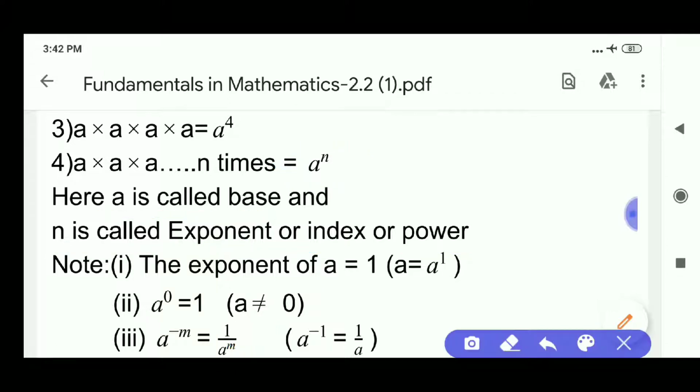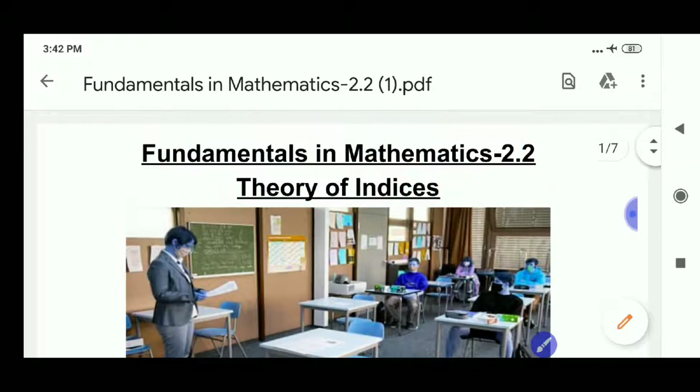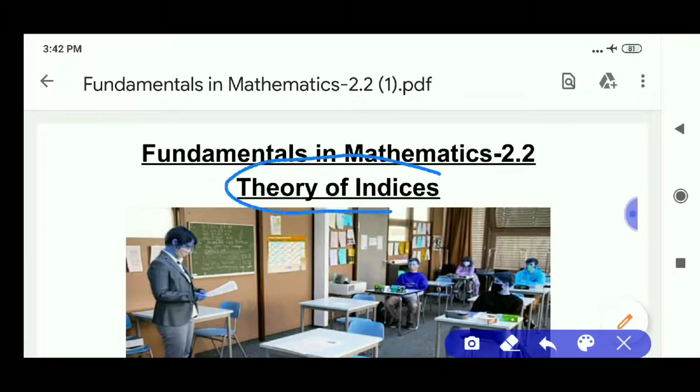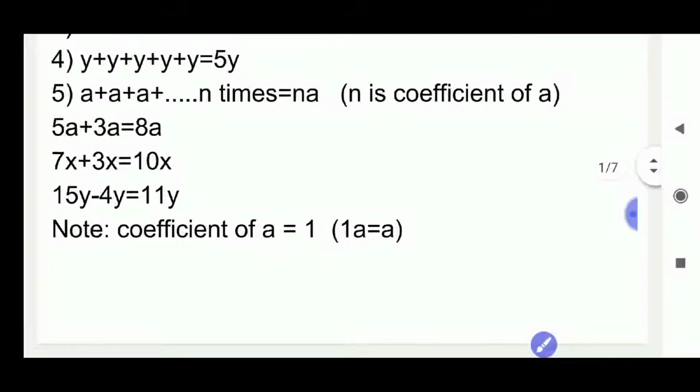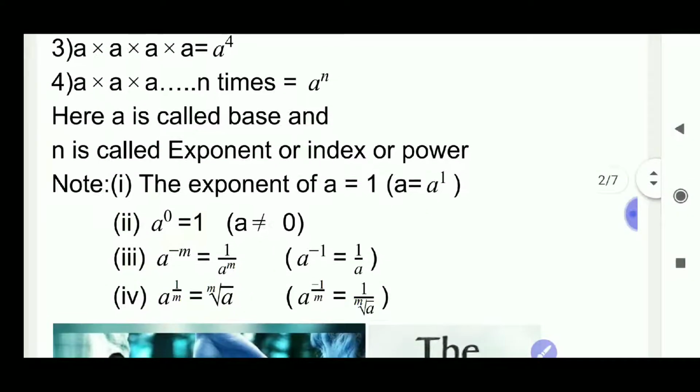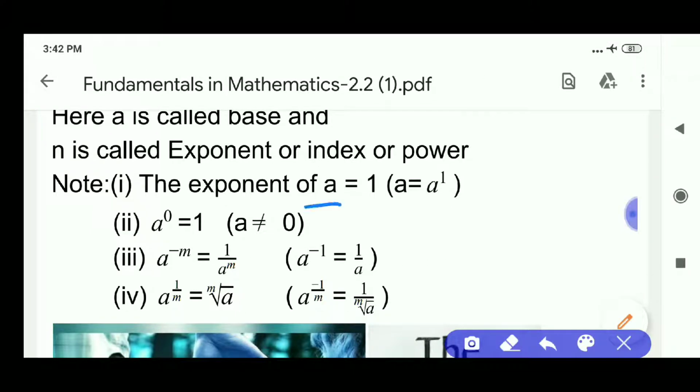The plural of index is indices, and our topic is theory of indices. Now let us learn a few points in this concept. Note, what is the exponent of A?